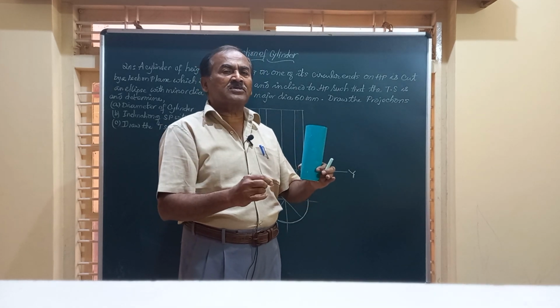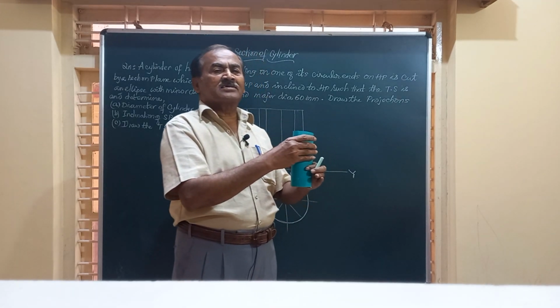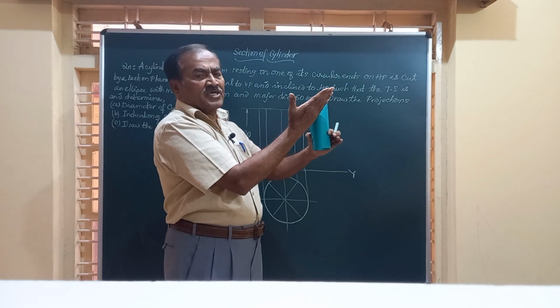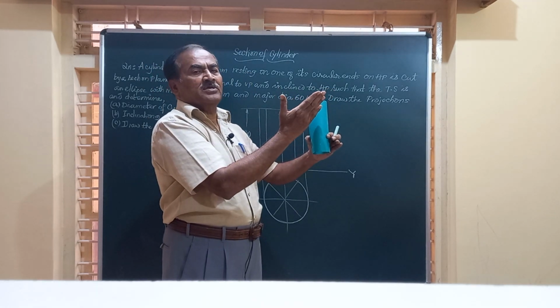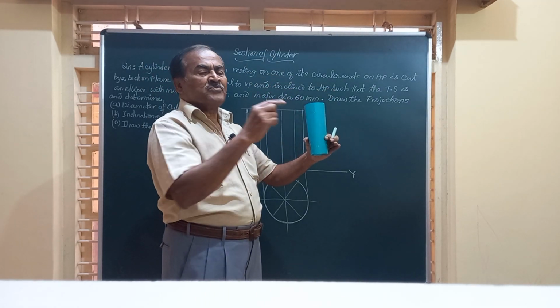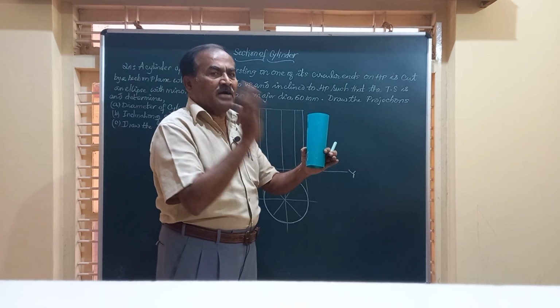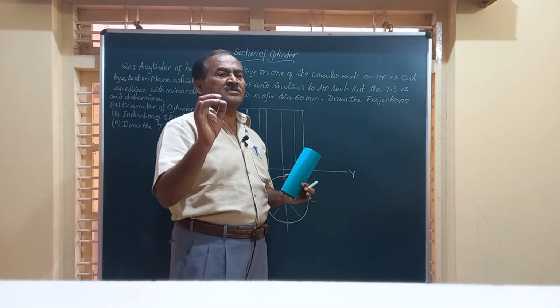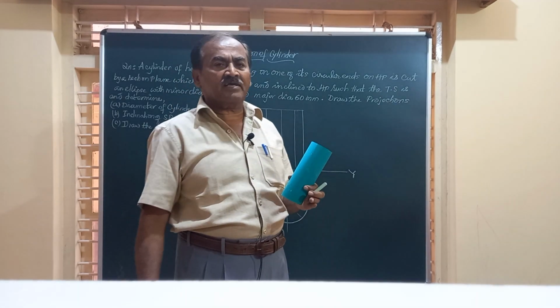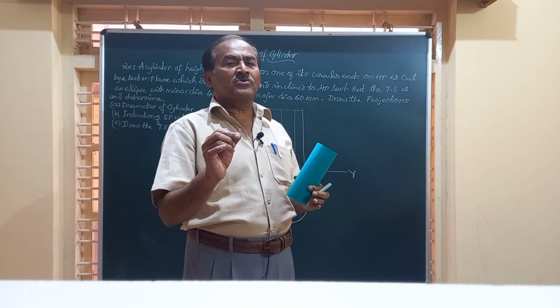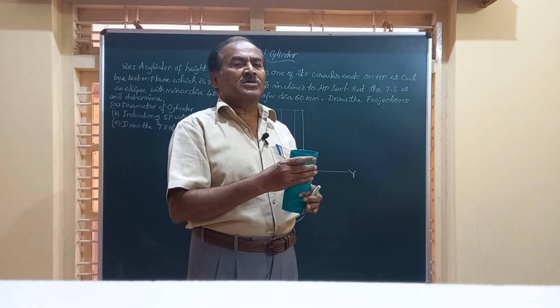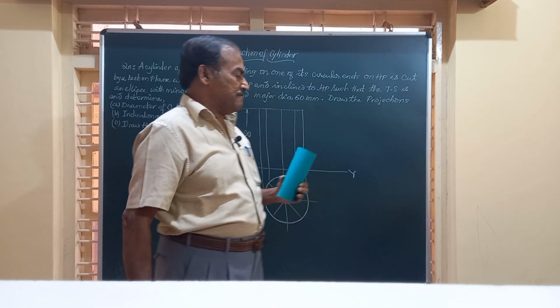And remember friends, in all the cylinders, whenever it is cut by a section plane inclined to HP, in the true shape, the minor diameter is going to be the diameter of the cylinder. So this is a very important concept, and it will help you to know more about the section plane.